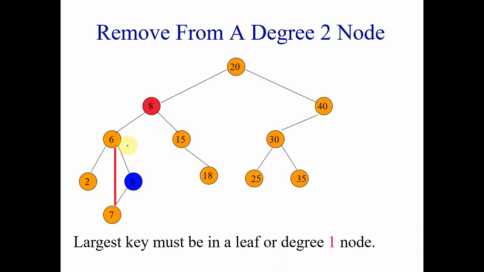After that, you have to rebuild the edge between 6 and 7, because after this move, the remaining node attached to the original 8 must be of degree 1.